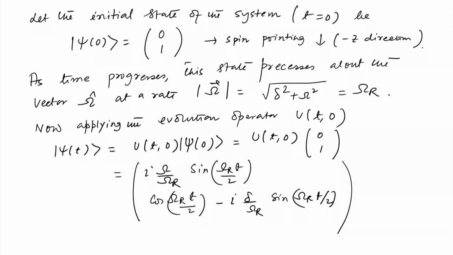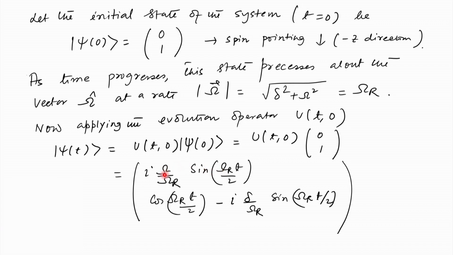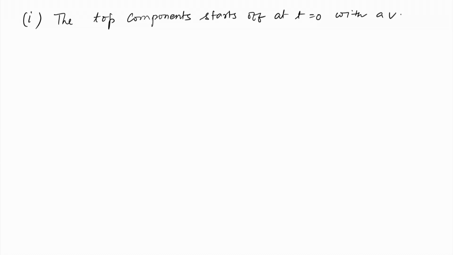So, let us try to understand what happens. This is the top component here, and this is the bottom component. This is how we will refer to them. So, the top component starts off at t equal to 0 with a value 0.